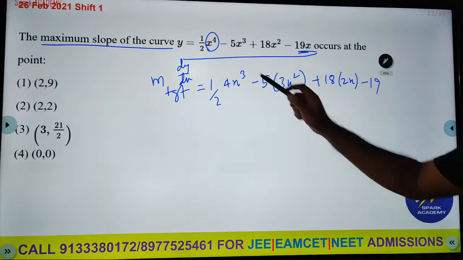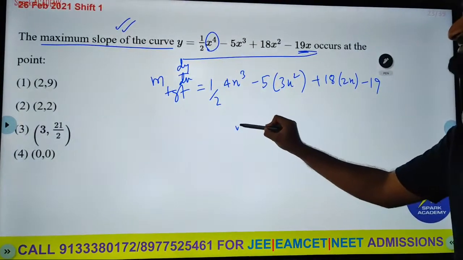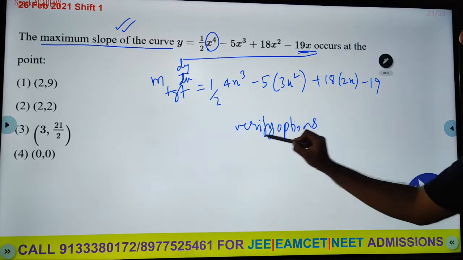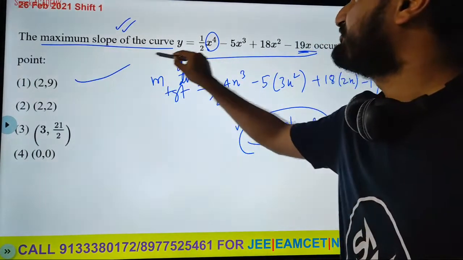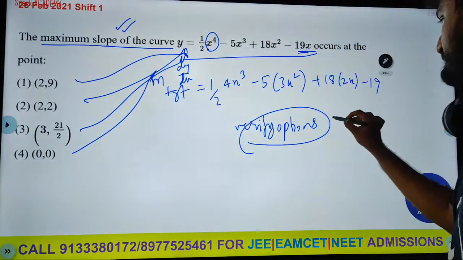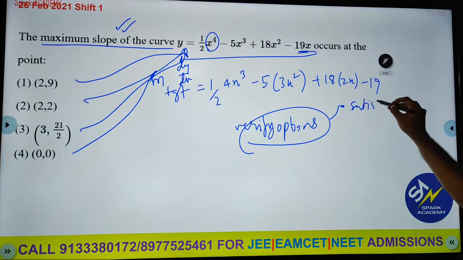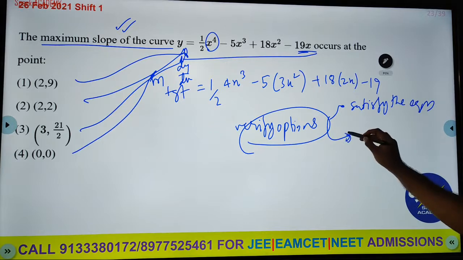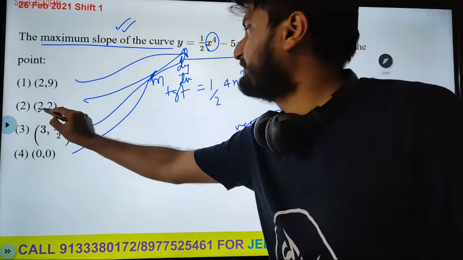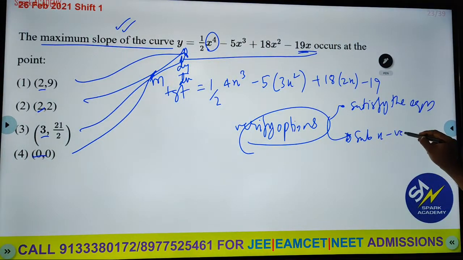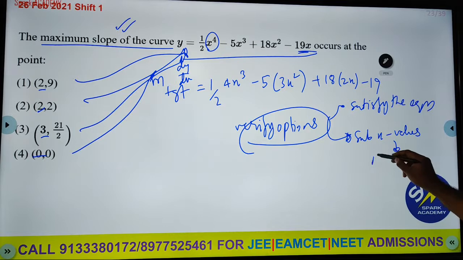So now they are asking you the maximum slope. What you can do is verify options. The option should satisfy this equation, and upon substituting x values, should give us the maximum value.